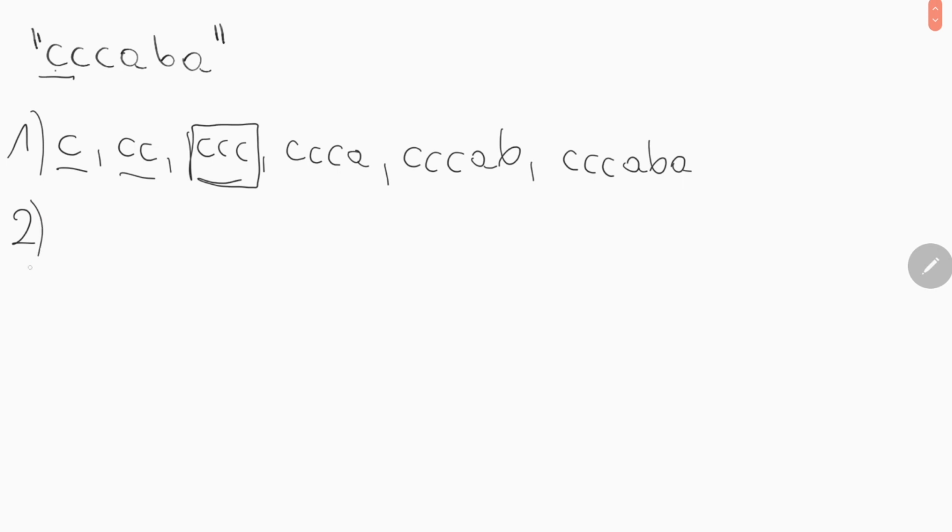Now we can go to the second step, where we start with the second c and create all possible substrings from this position. So it's c, cc, cca, ccab, ccaba.